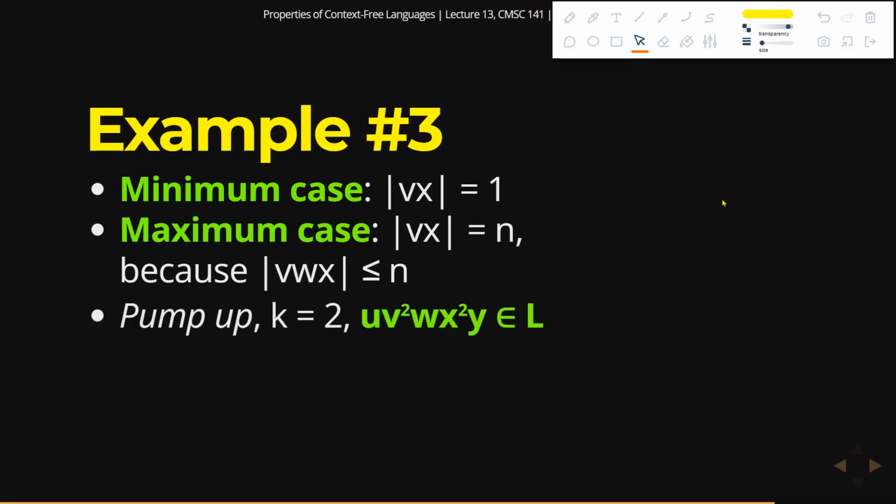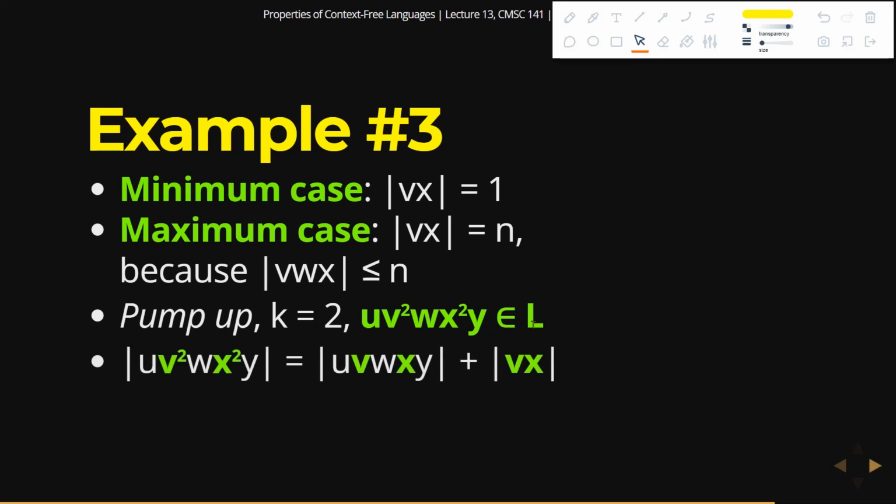Now if we pump up vx, it would become uv squared wx squared y. That should be part of the language, right? But uv squared wx squared y is basically just uvvwxxy, because you just repeated the v and the x twice.